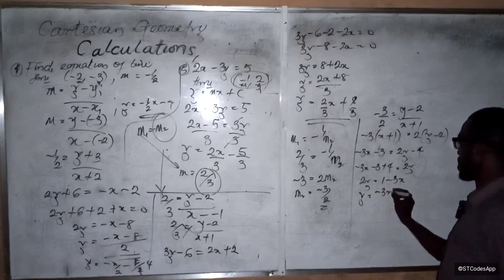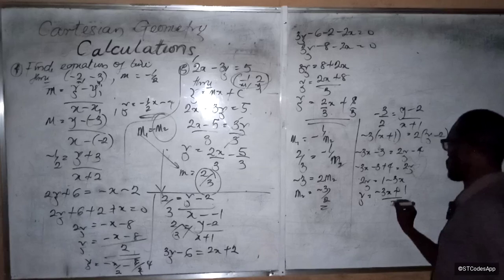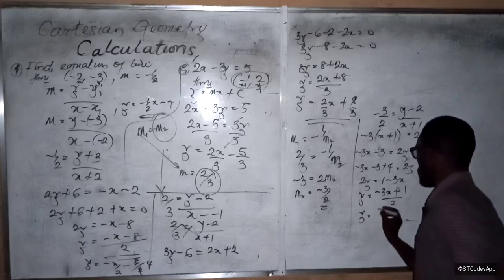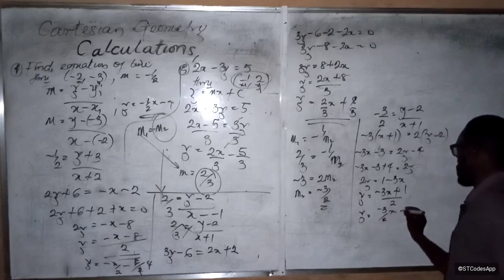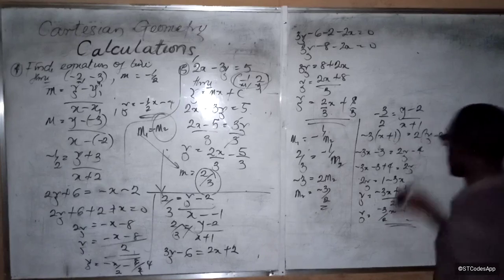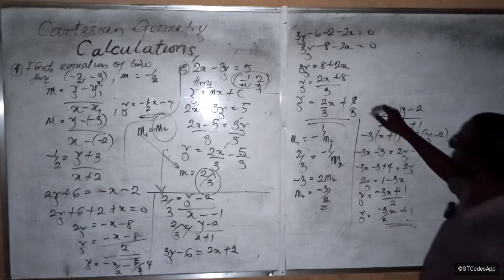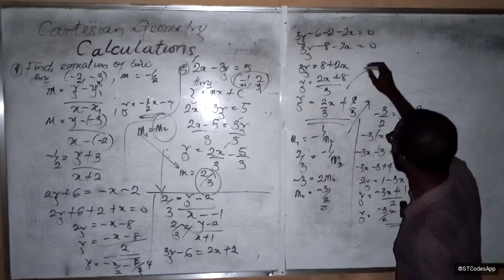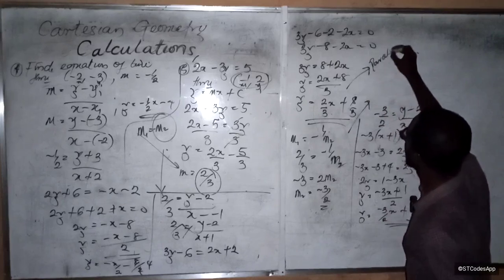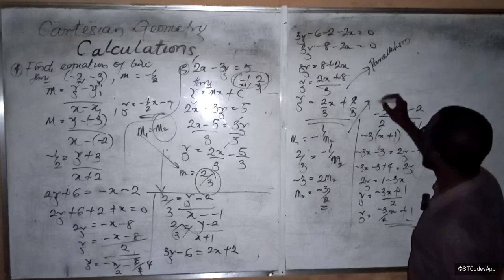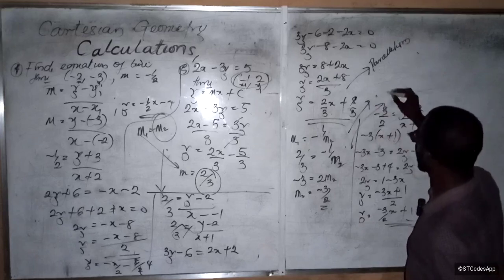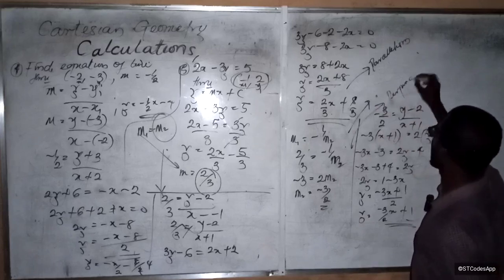That will be minus 3x plus 1 all over 2. So that y will be equal to minus 3 over 2 x plus 1 over 2. So that is the second equation. This is the condition of parallelism of the lines, and this one here is the condition of perpendicularity.